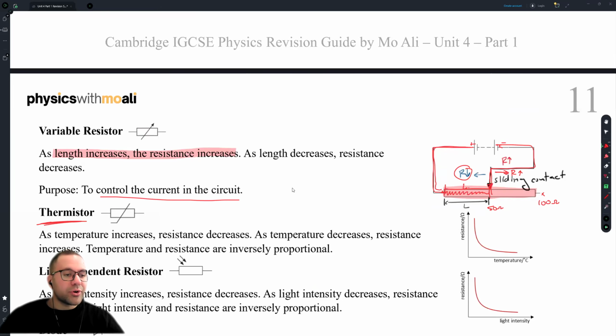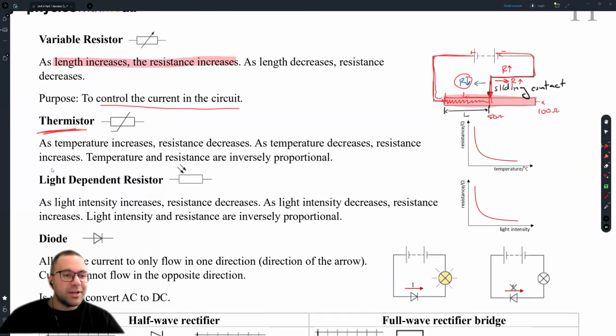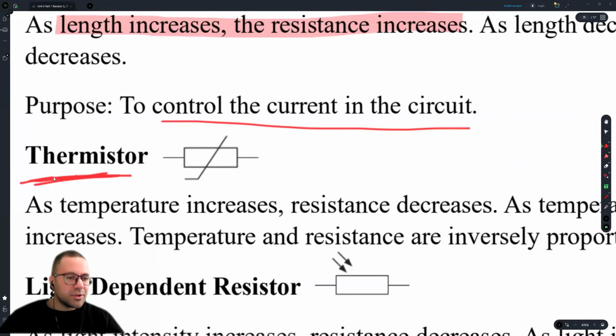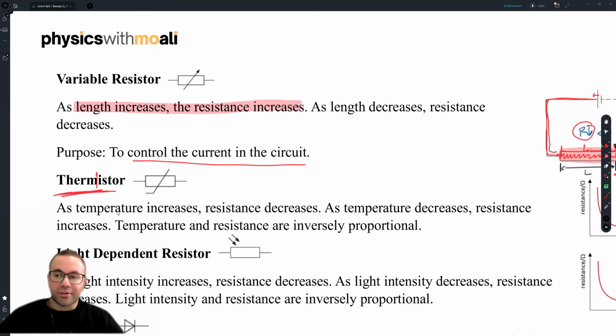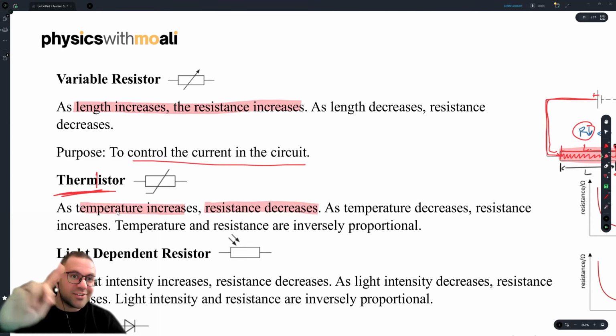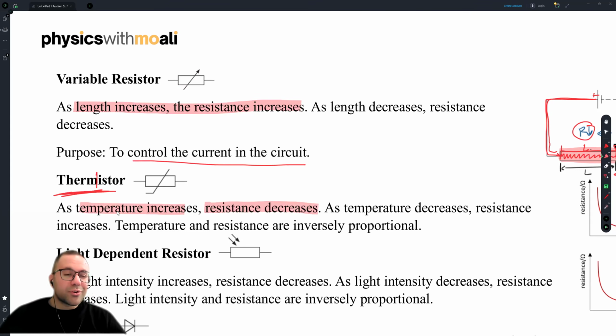Next, what's a thermistor? From its name, it's a thermal resistor. It depends on heat. If the temperature of a thermistor increases, its resistance decreases. It doesn't increase like the light bulb, because thermistors are made of what we call semiconductors. They're not metallic conductors, all right? Metals, when they heat up, sure, their resistance does increase, that's true.